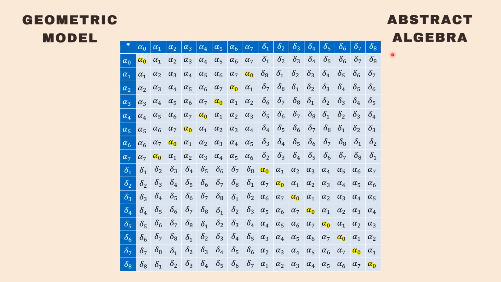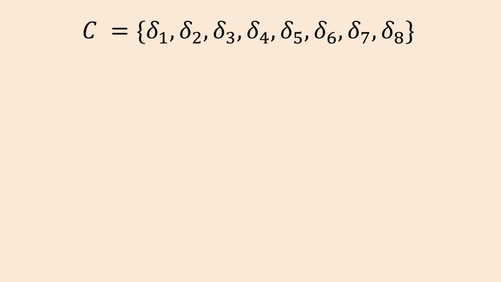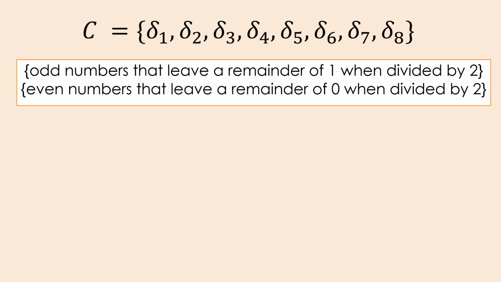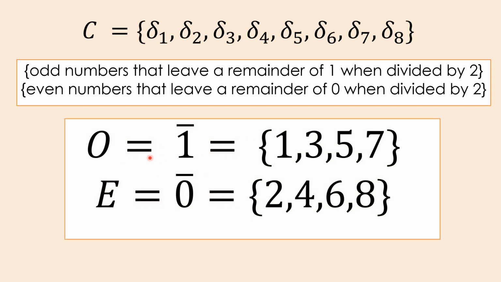It can be partitioned into two cells, a subset of odd numbers and a subset of even numbers. Odd numbers leave a remainder of 1 when divided by 2, and even numbers leave a remainder of 0 when divided by 2. So this is cell 1 and cell 2.